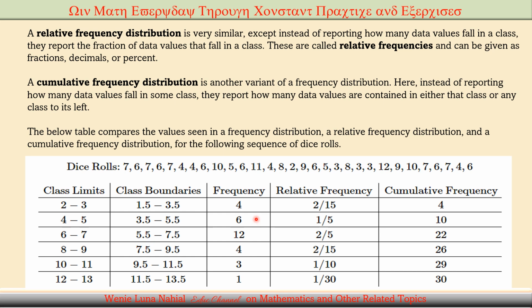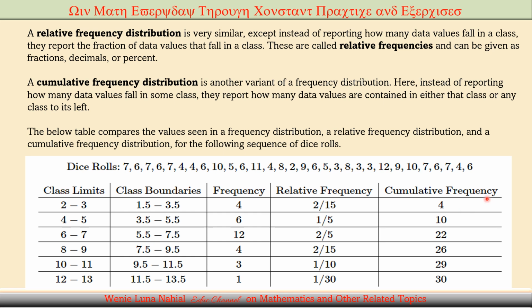So 6 can be divided by 6, so it becomes 1. Then 30 is again divisible by 6, so it becomes 5. So in relative frequency, we have expressed the frequency as a fractional part. So you have the frequency as the numerator and the total number of observations as your denominator.